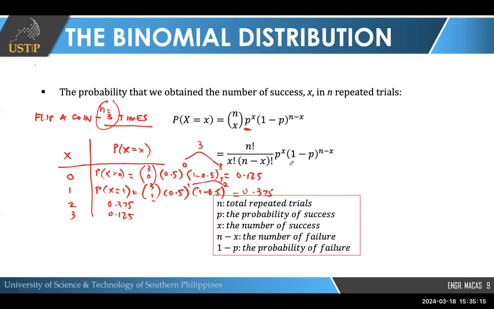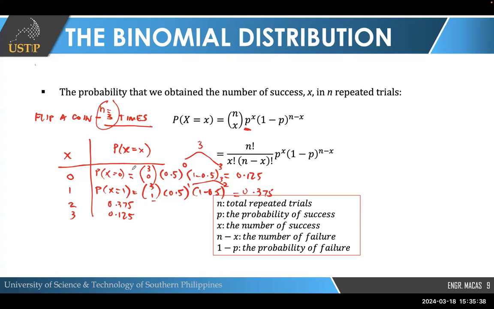So ato nang buhatan og probability distribution later, class. But let's have another example first. Before that, ato sang i-analyze ang mga value diri, class. The values are 0.125, 0.375, 0.375, and 0.125.